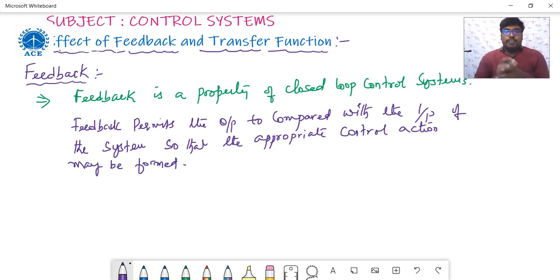Okay, so this is the second point, right? So feedback permits the output to be compared with the input of the system, so that the appropriate control action may be formed, right?